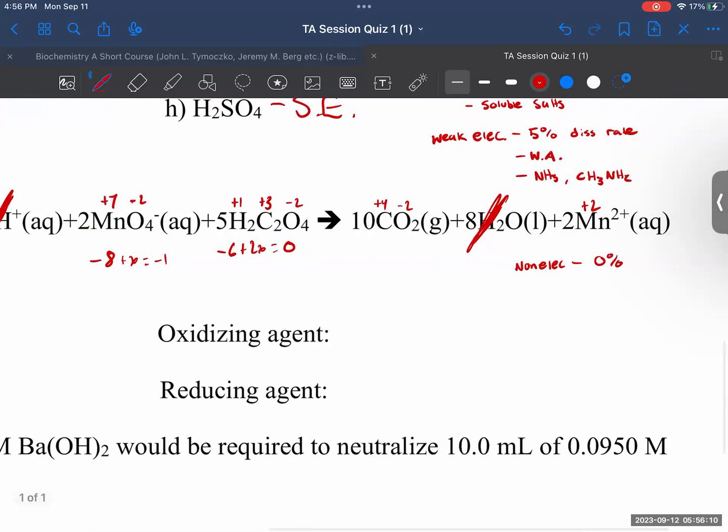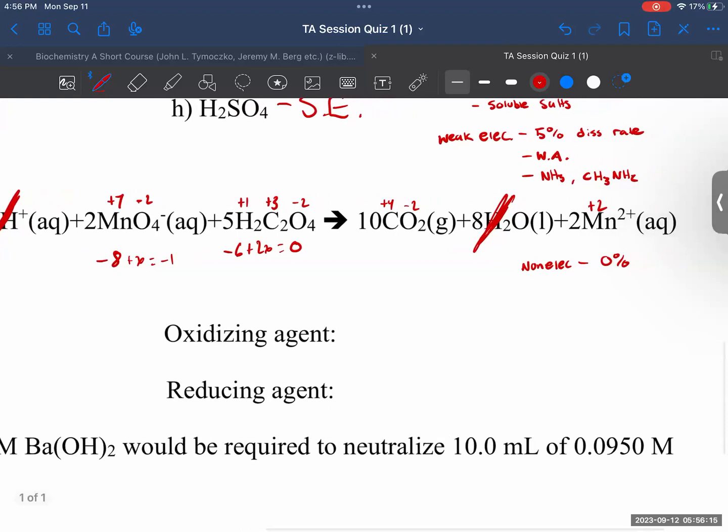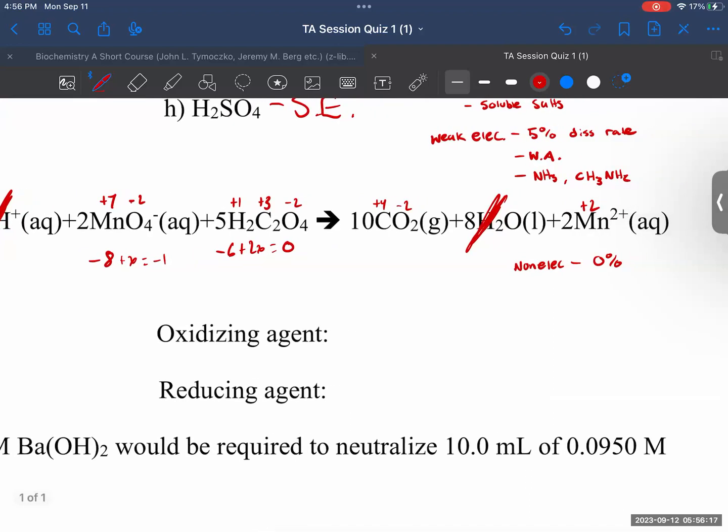All right, what is oxidized? Carbon. Carbon, because it's going from what oxidation state to what oxidation state? Lower to higher. Here's how I do it, right? In chemistry, when you say something has a +1 charge, you're losing electrons.